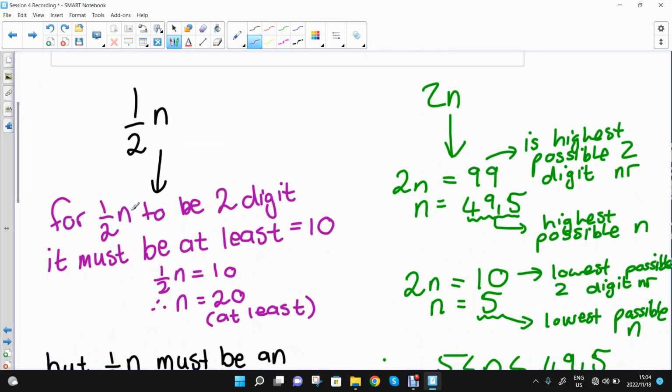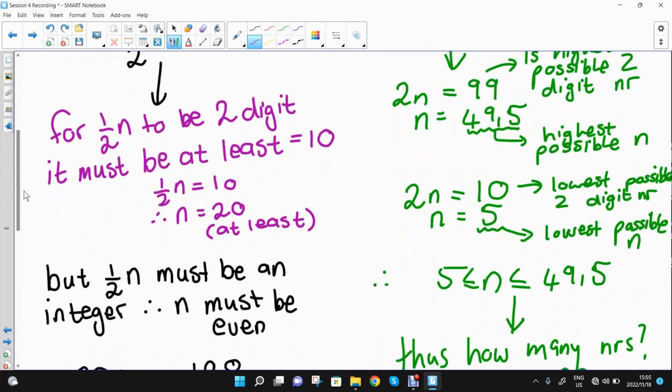Now if you think about that, for a half n to be a 2-digit number answer, the answer needs to be at least equal to 10, because this is your smallest 2-digit number that you can get in the world. So if you set a half n equal to 10, which is your smallest possible answer that will be viable for this scenario to play out, that means that n in that case must be at least 20. So you can't go lower than 20 for n. So that's the first thing that we can figure out there.